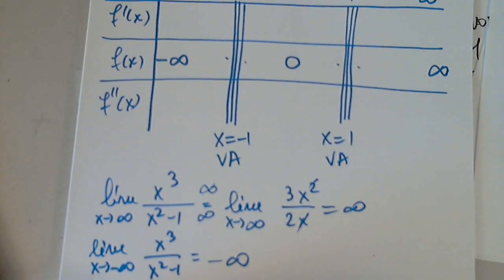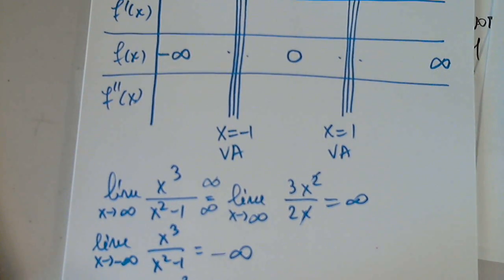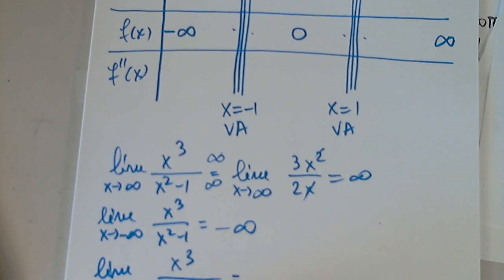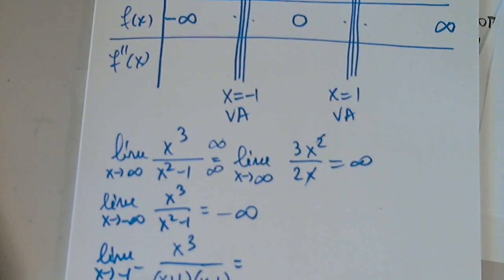Now limit as x approaches -1 from the left of x cubed over, and I prefer to write x plus 1, x minus 1. It's easier to determine the limit. And limit as x approaches -1 from the right of x cubed over x plus 1, x minus 1. Let's see what we get. So the numerator is negative in both cases.